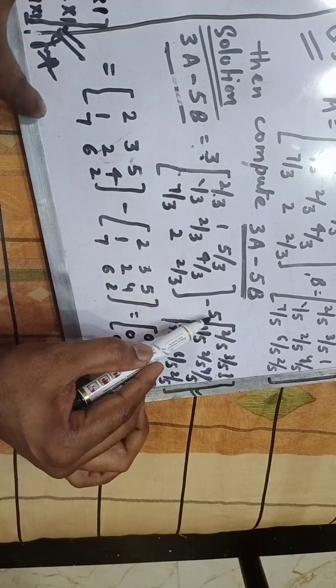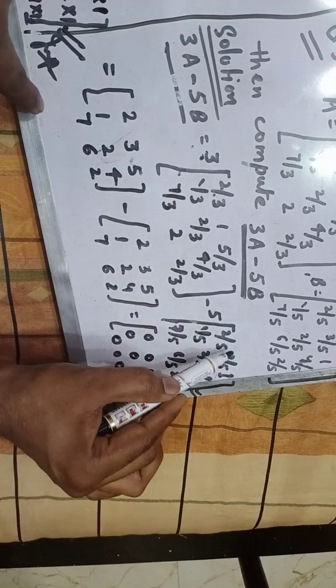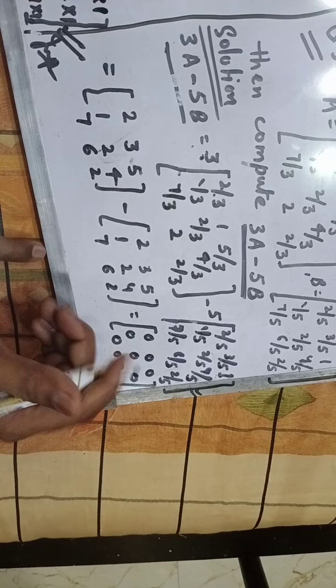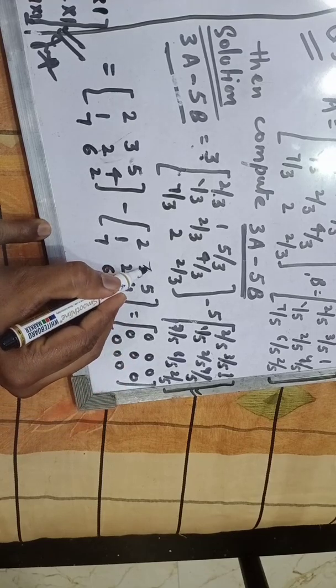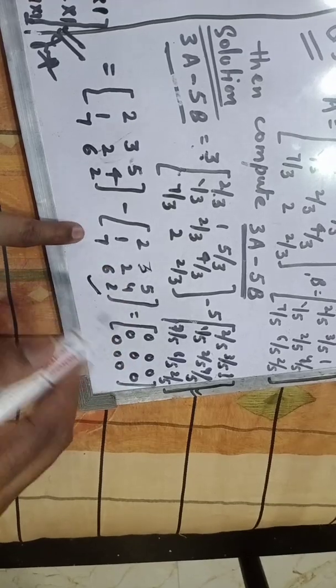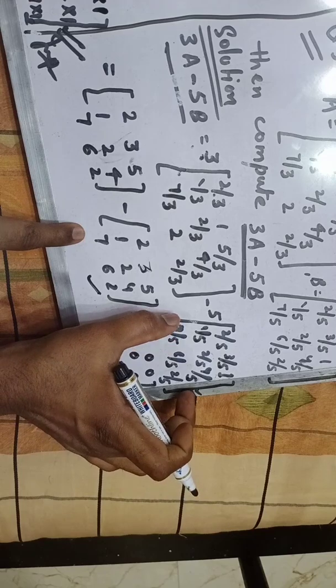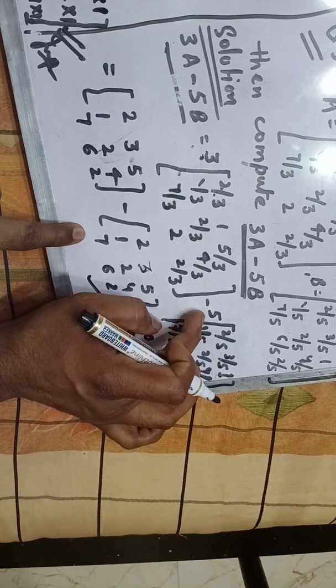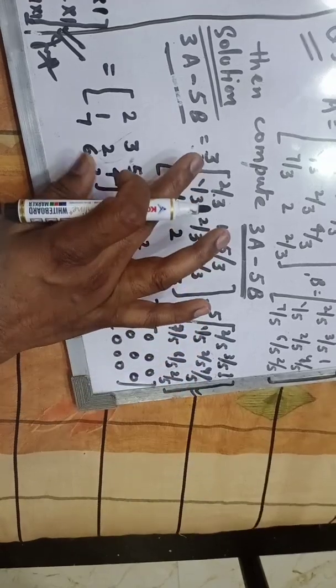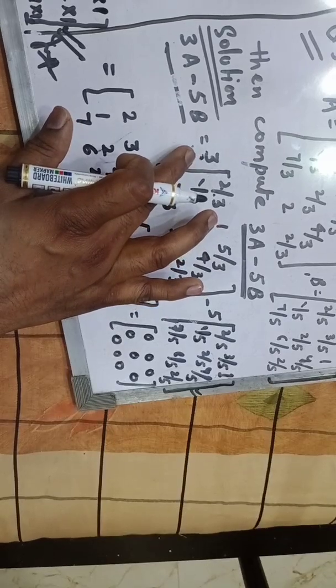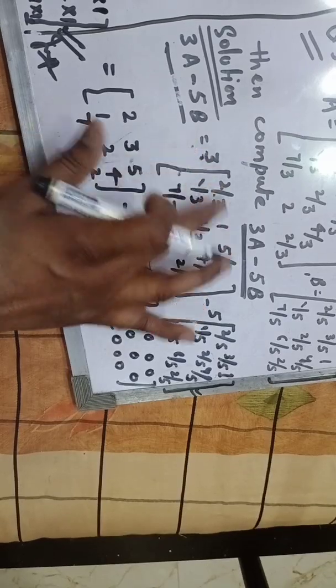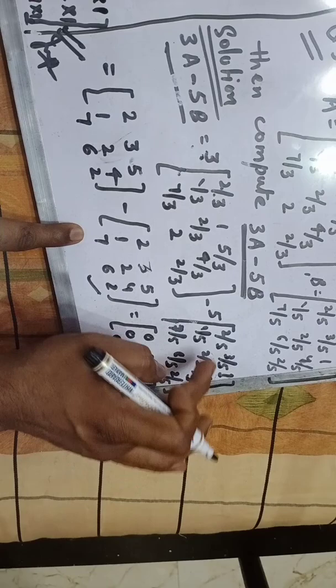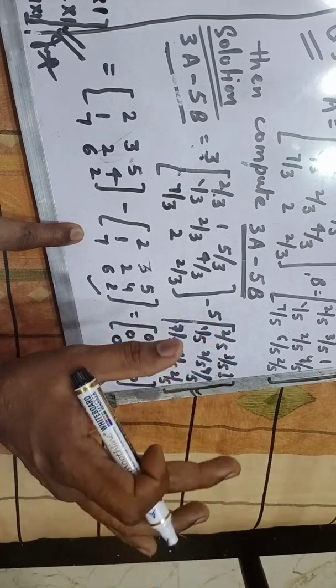Similarly, you have to multiply matrix B by 5, and you will get this value after multiplication. In the same way as we have done in the first part, where we multiplied each element by 3, here you have to multiply each element by 5.